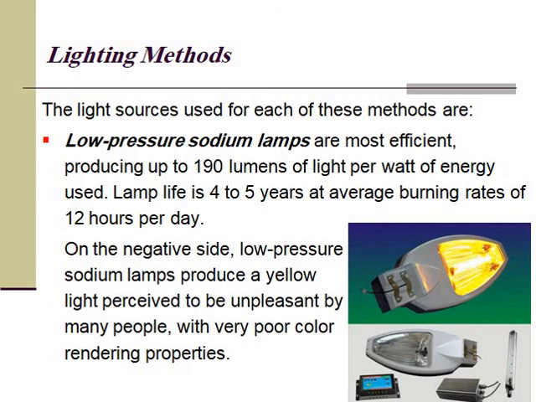So each light source has its advantages and disadvantages, and it depends on the nature of the work environments. What's the type of activities being done? So to decide what is the best light source to be used.